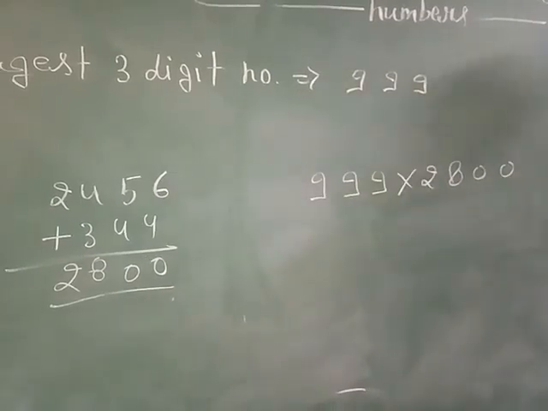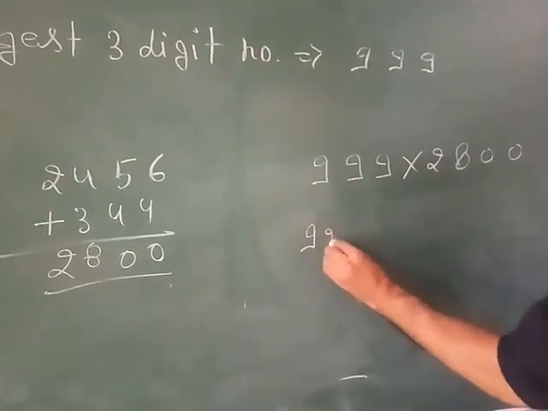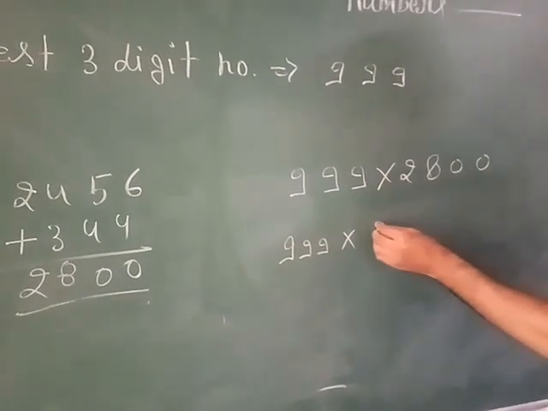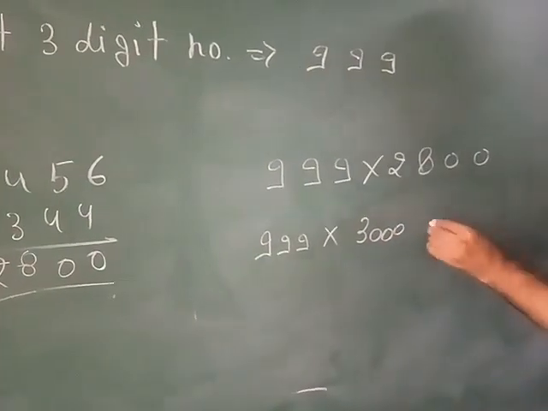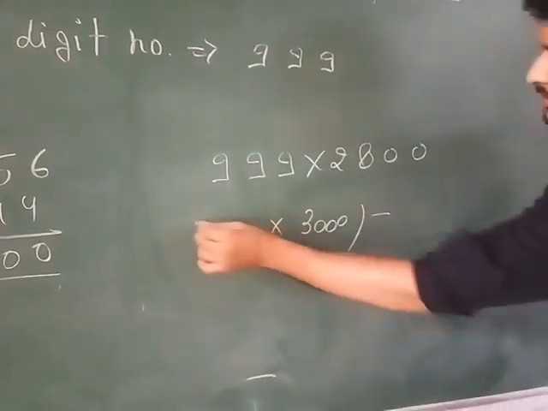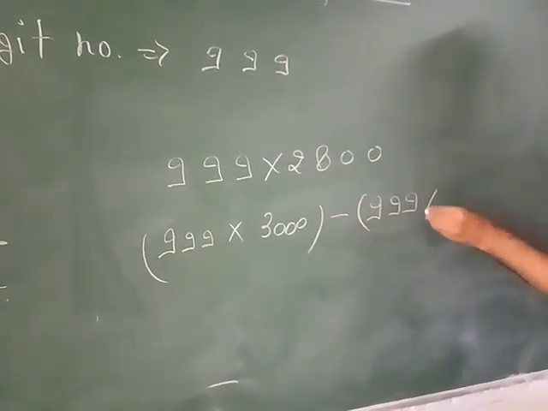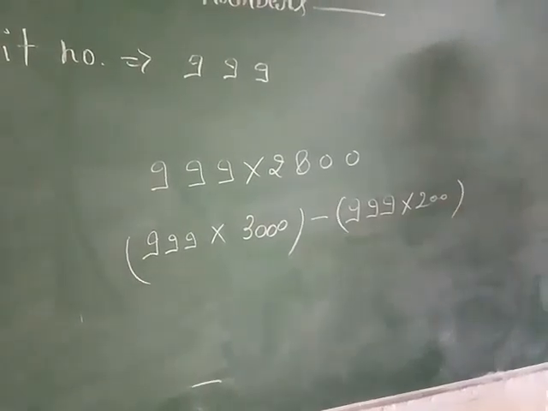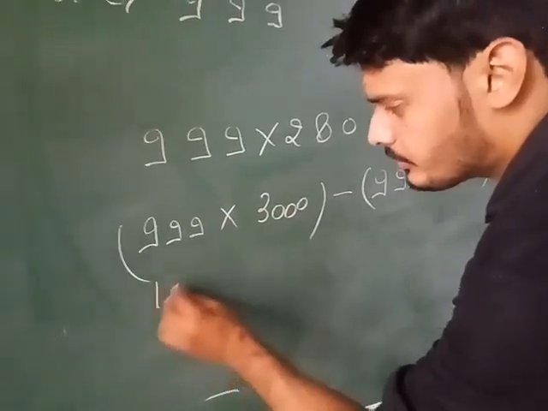Now we can simplify this question by multiplying 999 by 3000 minus 999 multiplied by 200. Okay.